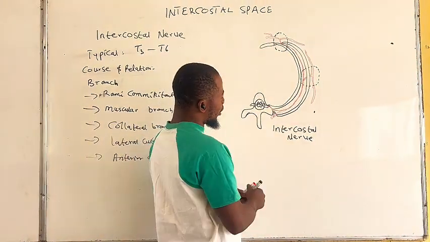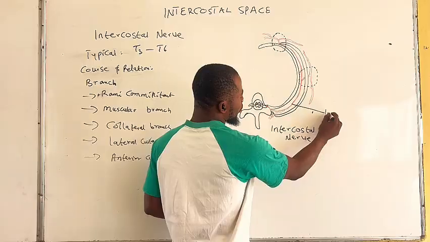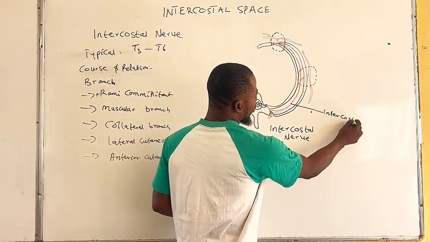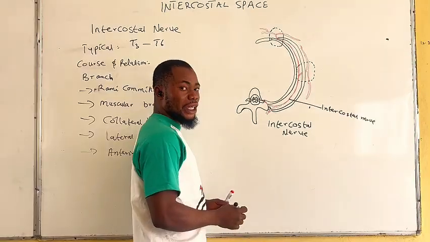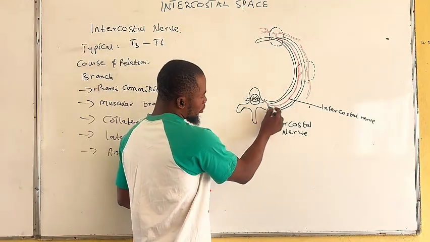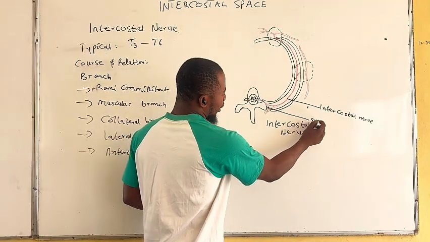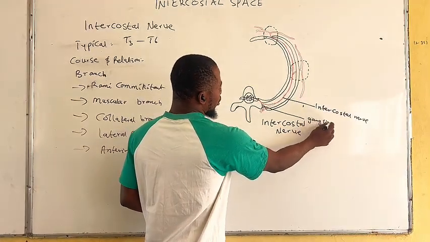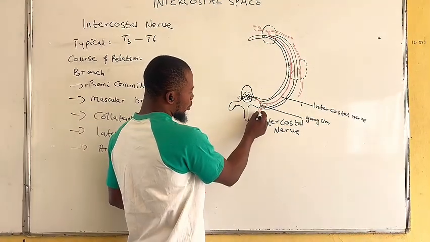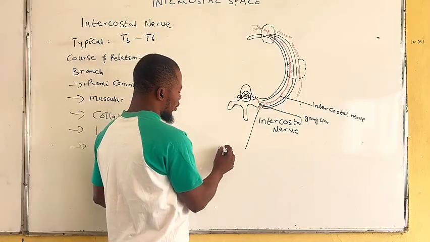The red marker here is our intercostal nerve. This is our sympathetic ganglion. This branch here is the rami communicans.